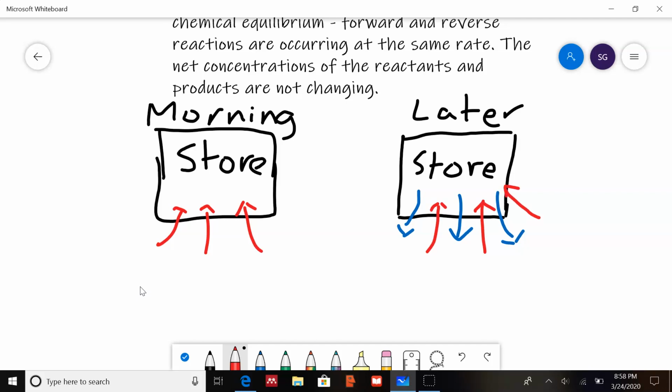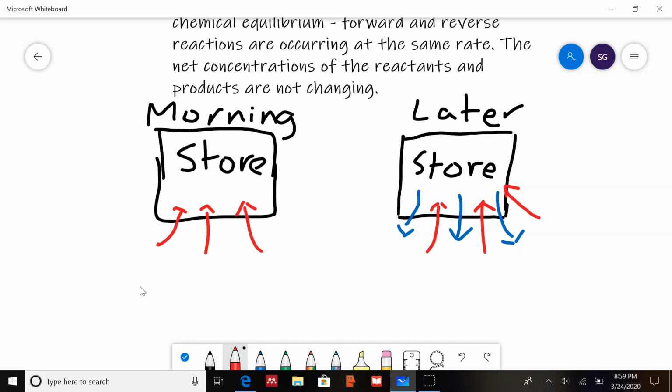And if we can imagine that these processes are occurring at the same rate, so that people are entering the store at the same rate as people are leaving the store, and in reality this might not be exactly true, but just imagine an ideal scenario where it is, you can imagine that over the course of the day, if you counted the number of people in the store at any given time, it would be the same.